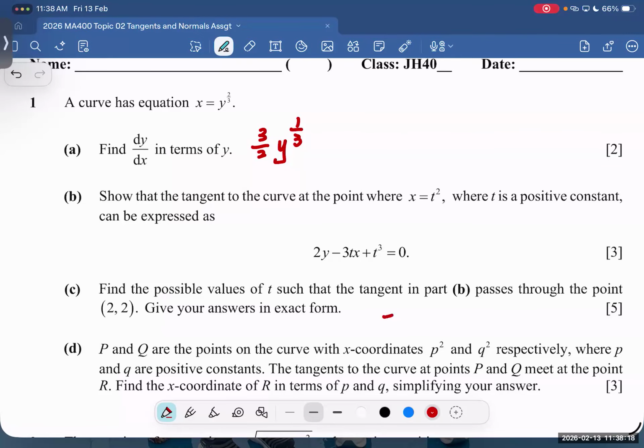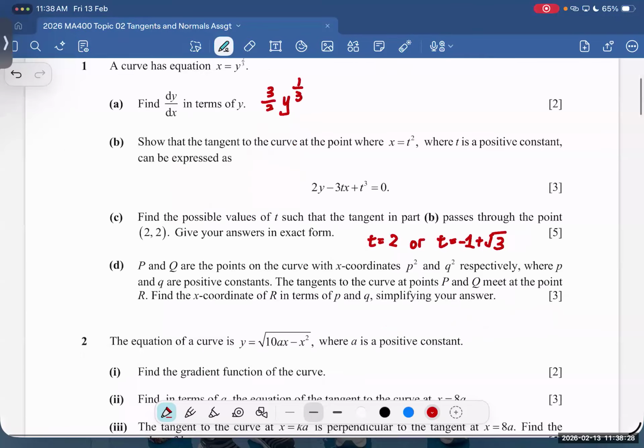I believe the answer is t equals 2 or t equals minus 1 plus square root 3. For D, I believe the answer is 1/3 t squared plus pq plus q squared. This is a bit hard.